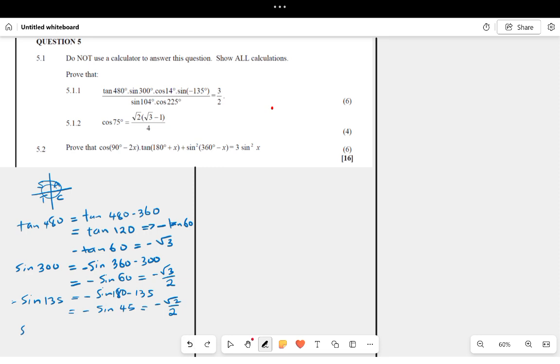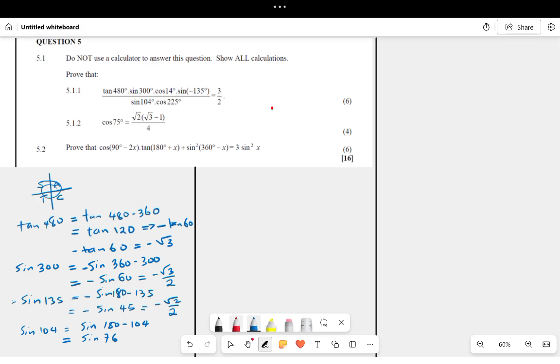Compared with an angle less than 90 degrees, sine 104 is just the same as sine of 180 minus 104, and the answer for this would be equal to sine 76.